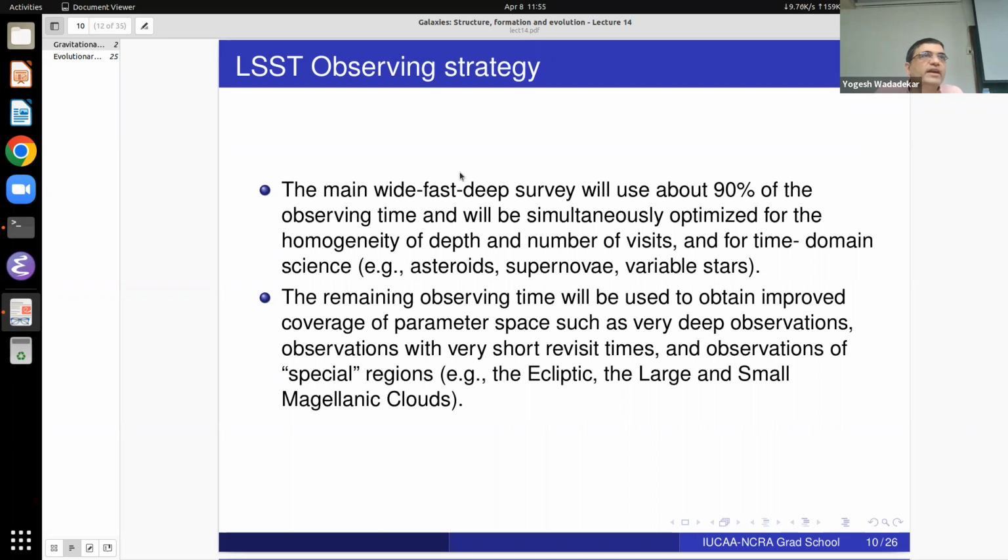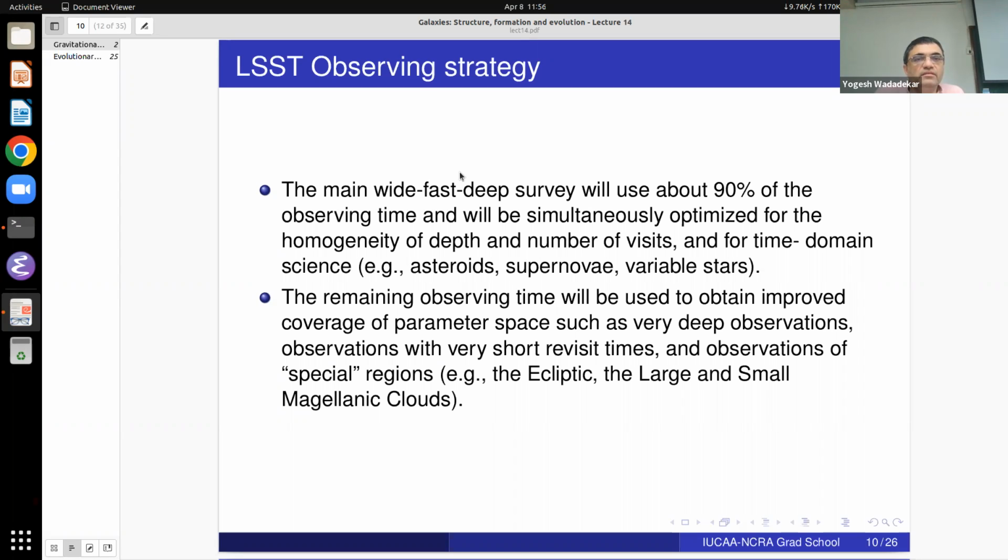It is a synoptic survey, which means it wants to measure the universe as it changes over short time scales. So it will be very useful for the discovery of moving objects as well. It is expected to discover a very large number of asteroids, maybe comets as well. It will discover large numbers of supernovae. It will aid in our study of variable stars and so on.